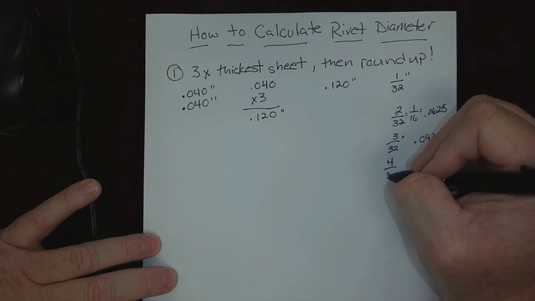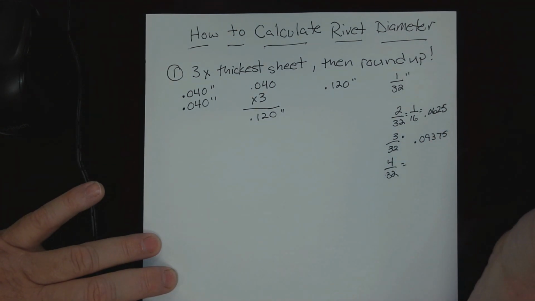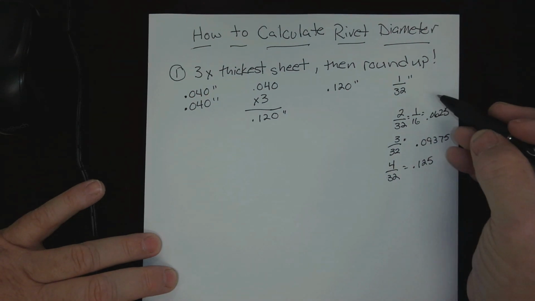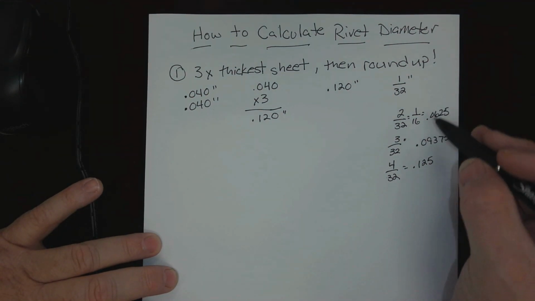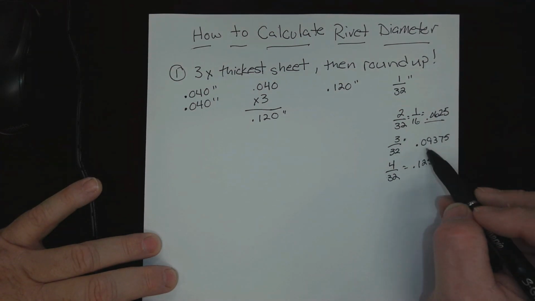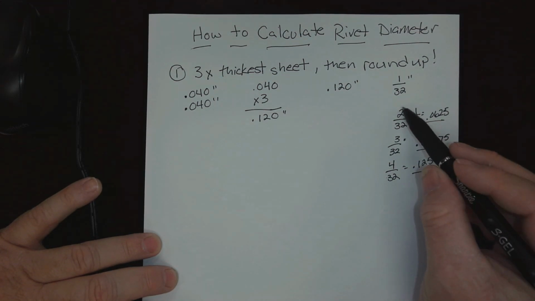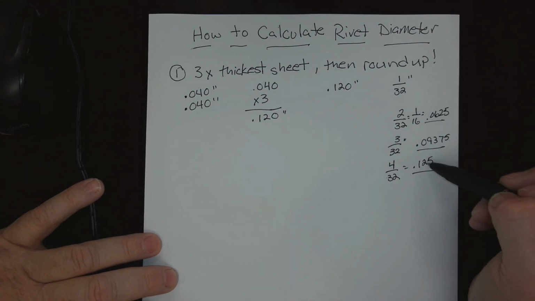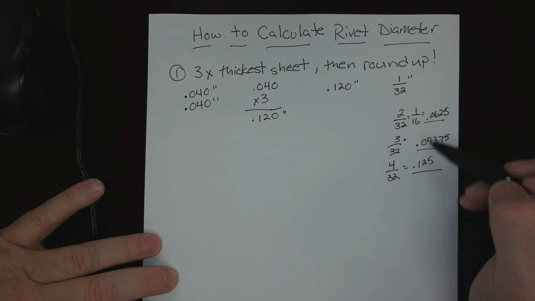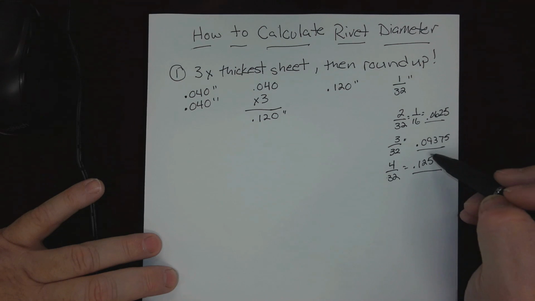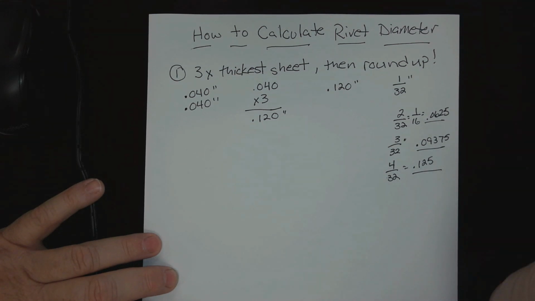4/32, which is a common rivet size, number 4, would be equivalent to 0.125. And if we created a little chart or a sheet with all of our common rivet sizes converted to decimals, or we can take our calculator, well, we can see here so far out of these selections, 125 thousandths is closest to 120, and it would actually round up to get there.